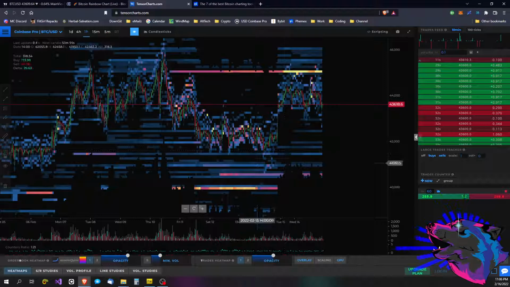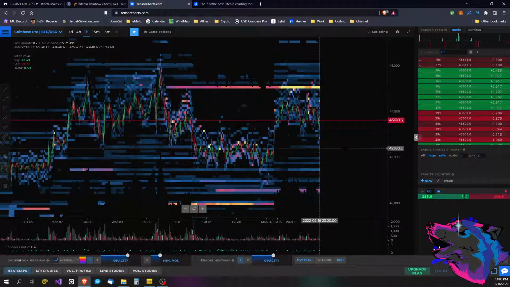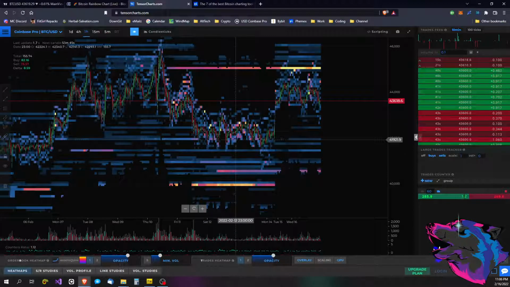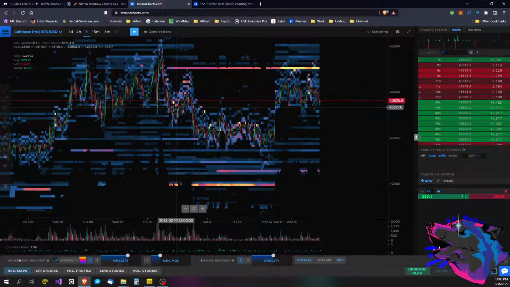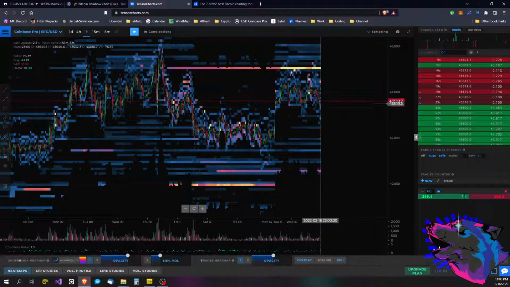So we got some psychological levels in here, probably more than anything, when you start coming off on round numbers like that. Obviously, it gets a little bit more bunched up as you're near the price because there's going to be a lot more orders on the books around the price that we're at, because people are trading, buying and selling right around the current price.